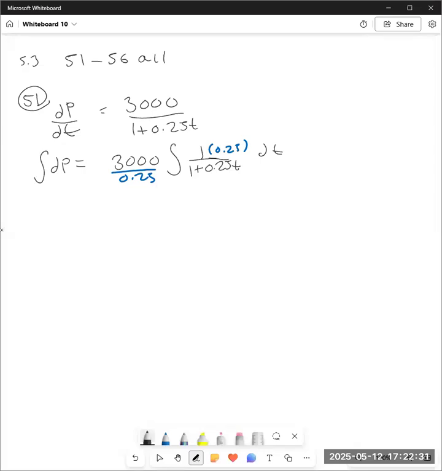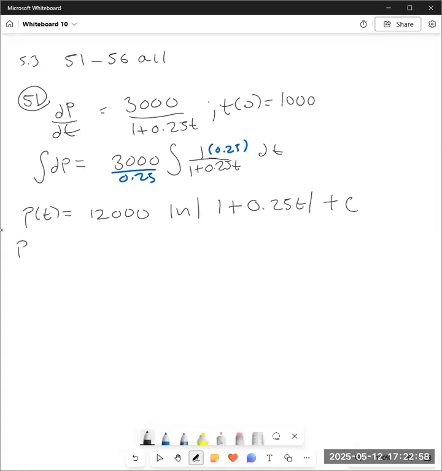So integrating this side, I get P of t, and that's going to be 12,000 ln of the absolute value of 1 plus 0.25t, plus c. We were given the initial condition here that P of 0 is equal to 1,000. Now we're ready to use that.